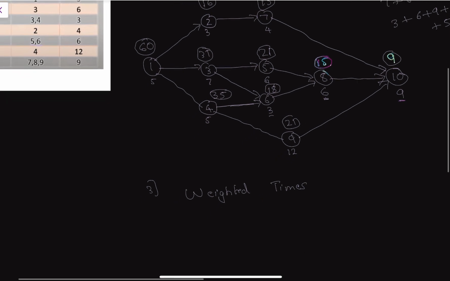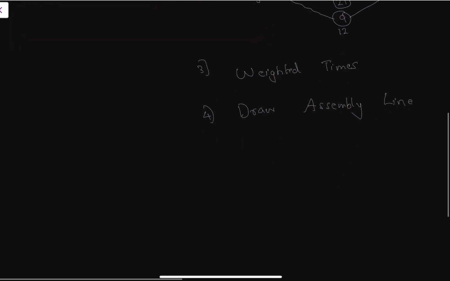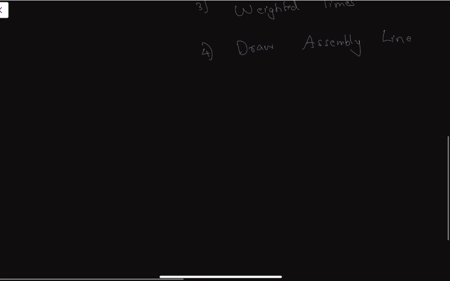So then we will draw the assembly line. Okay, this is the fourth step. We will draw the assembly line. For that we will draw a table. So here you can see this is the table we are drawing.